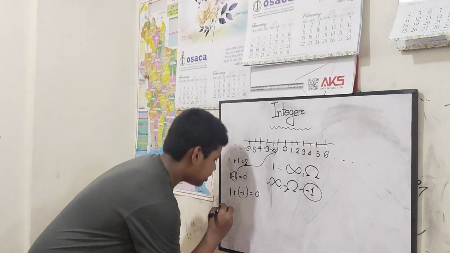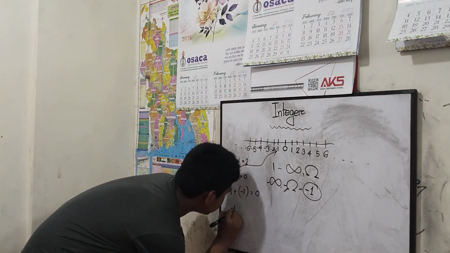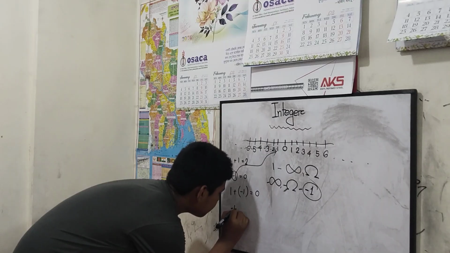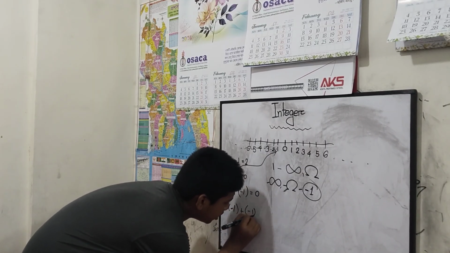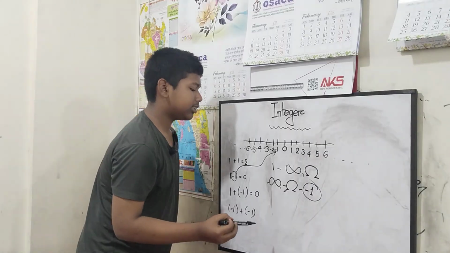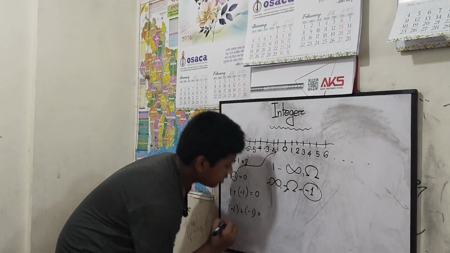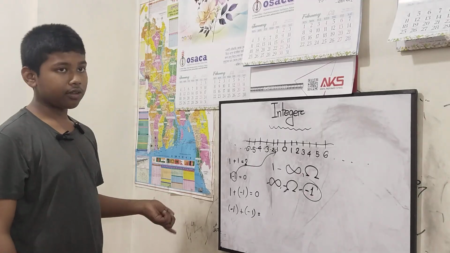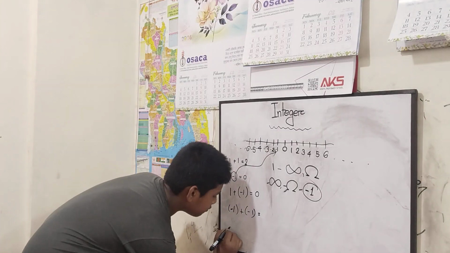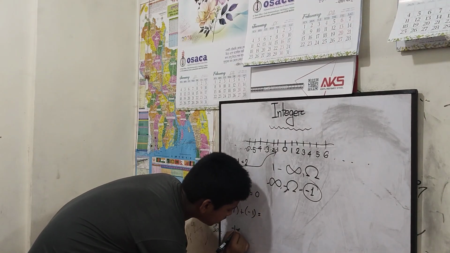Now what if you say -1 plus -1? Now how do we actually do it? -1 plus -1, so it will be -1 minus 1.